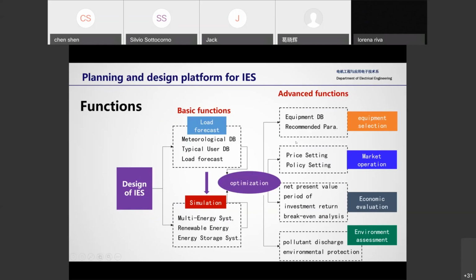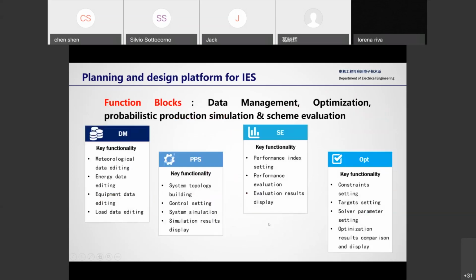Of course, it can do optimization to the planning scheme. Those functions are grouped into 4 categories. The first one is data management. The second one is the probabilistic production simulation. Then the skill evaluation. And the fourth one is optimization.